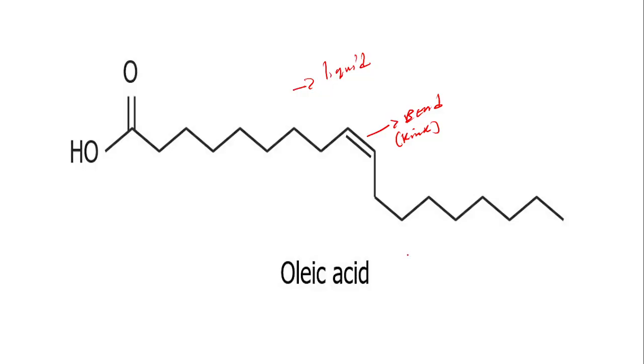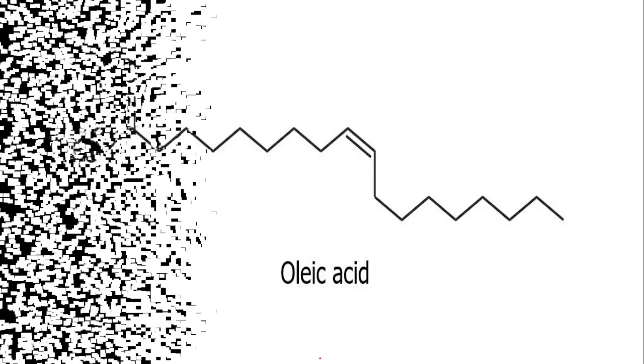One thing you need to understand is that unsaturated fat acids are not linear as compared to the saturated. The saturated are linear, but the unsaturated are not linear. They have a bend there.